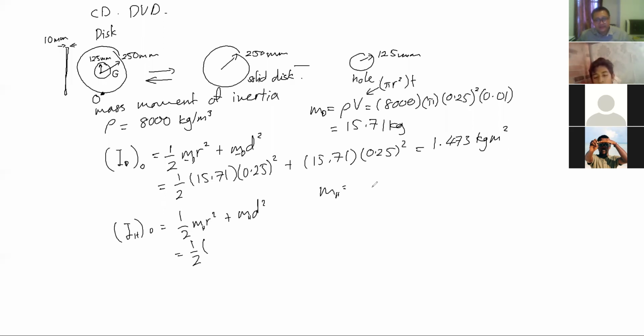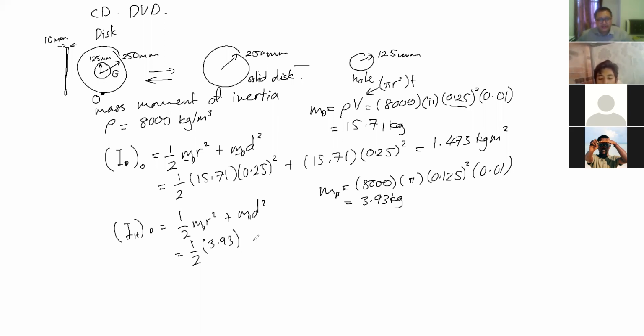Let's assume that the density is the same. Then pi here is different. It should be 0.125 squared times 0.01, and here you get it as 3.93 kg. And here should be 3.93.